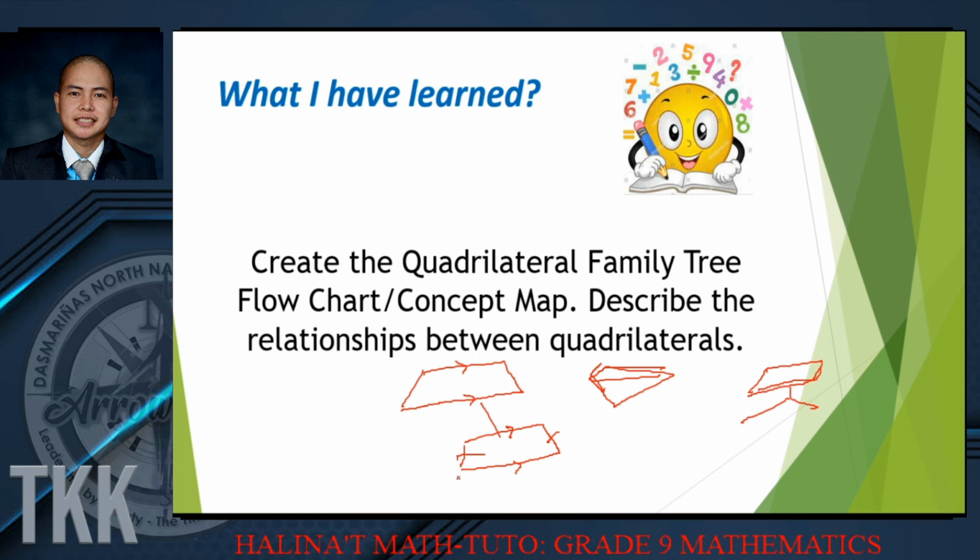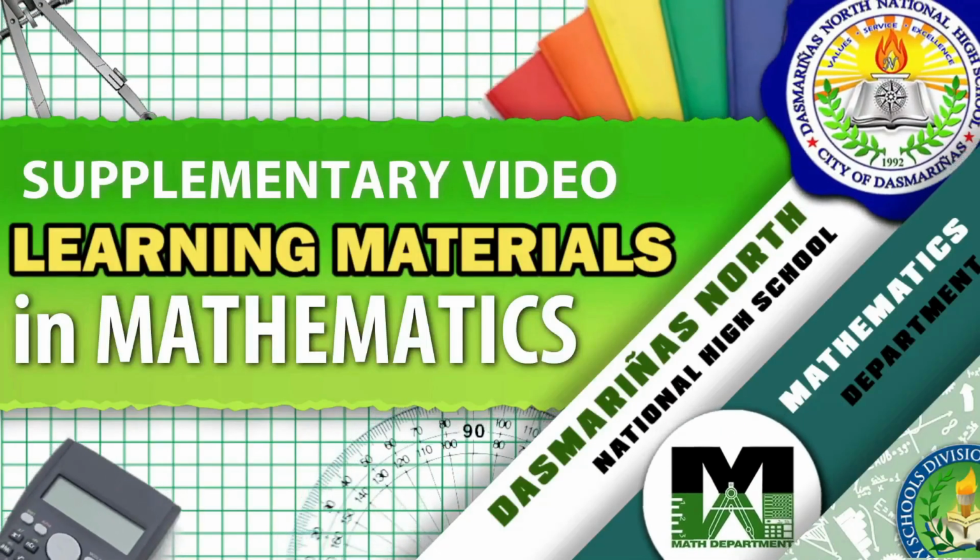Anyway, kahit ano namang concept map or flowchart ang gawin nyo, basta may relationship, we can have the relationship of quadrilaterals. So thank you for listening and hope you learned something from my topic, which is solving problems involving parallelogram, trapezoid, and kites.